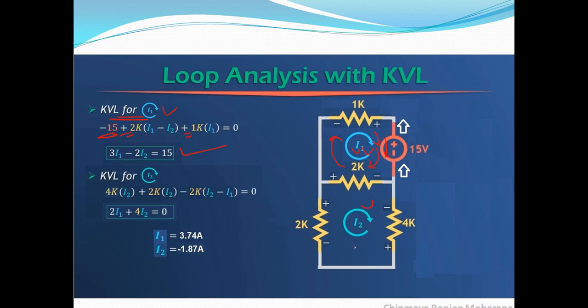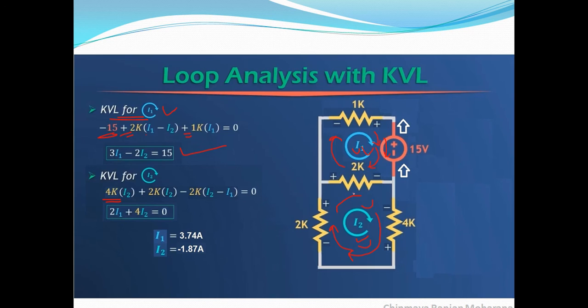Next is by applying loop 2. If we travel in this direction, our reference current, negative to positive, is called positive, 4k into I2. Next here also negative to positive means 2k into I2.